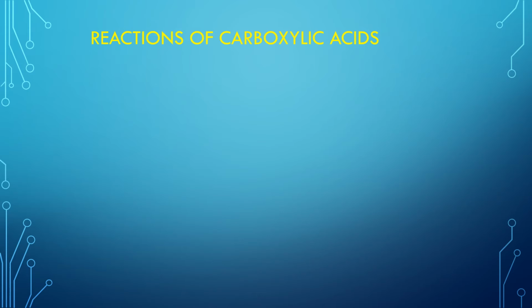The first reaction of a carboxylic acid is its reaction with water. Now, such a reaction of acids with water is also known as a dissociation or ionization reaction, simply because in water these acids will break down into ions, such as this.